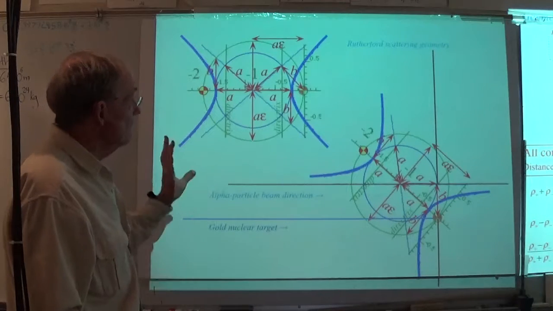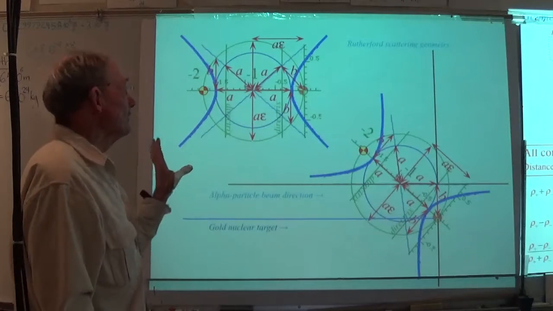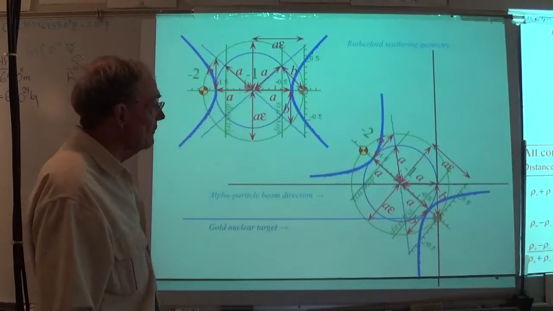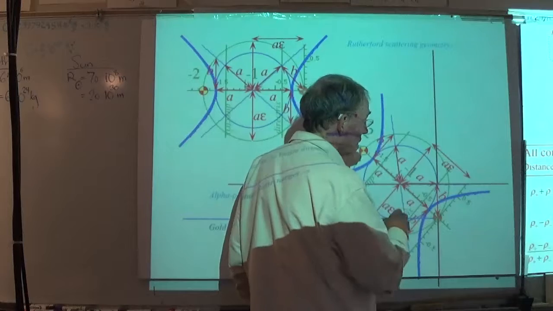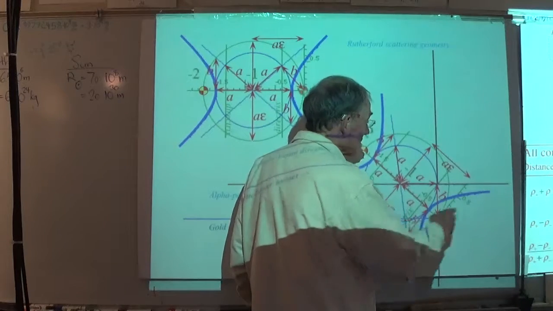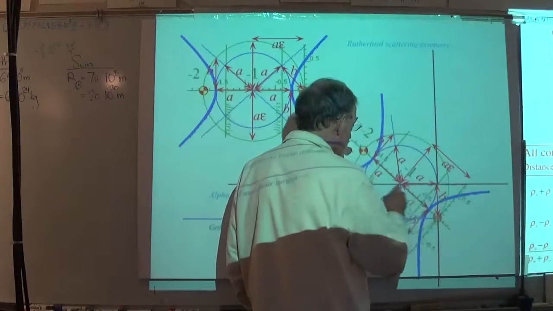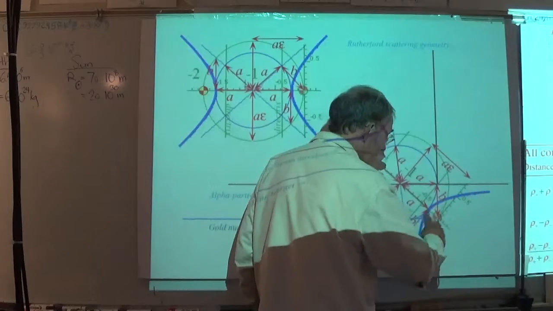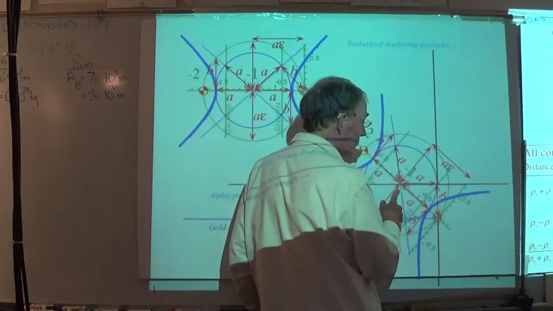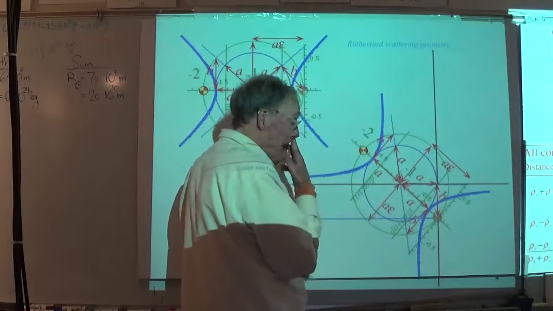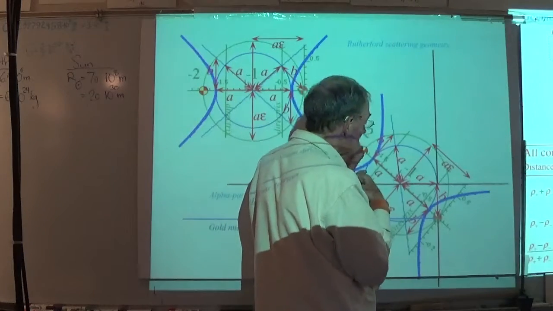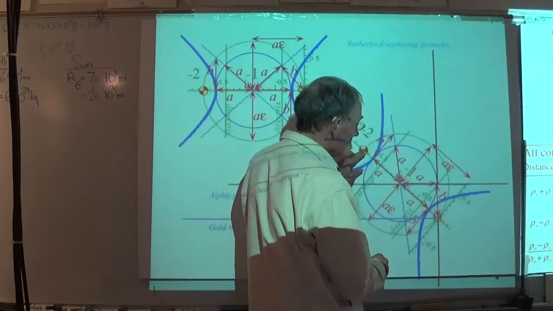The key to Rutherford scattering is to tip this. Just tip this and say, okay, I'm going to be talking about something coming in, and this is going to be the beam line, and going out. That's for repulsion. But it could also be that this one is repelled by this one.